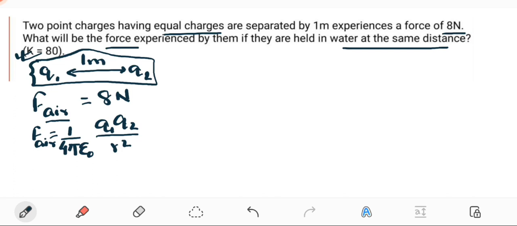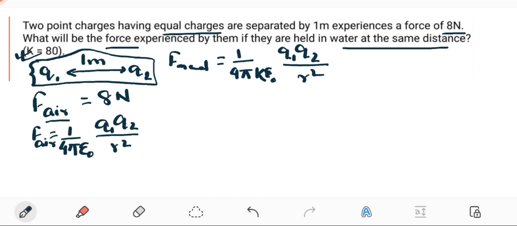For any medium, it is equal to 1 by 4 pi epsilon naught multiplied by the dielectric constant, into q1 q2 upon r square.